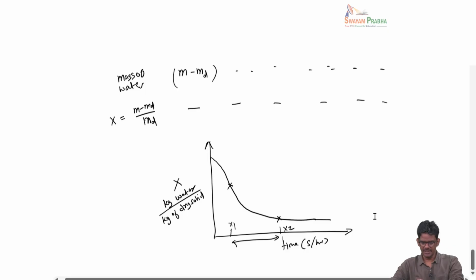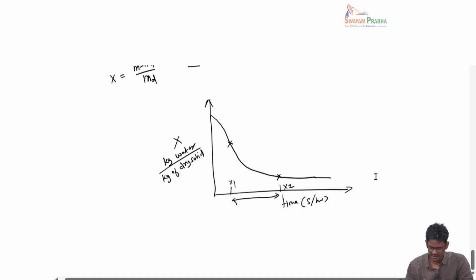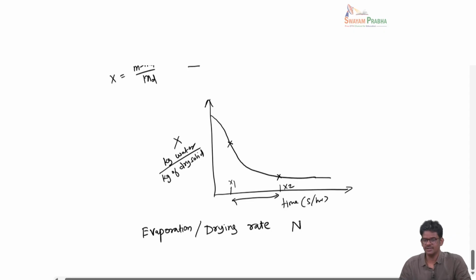So from this raw data, I will define a quantity called the evaporation rate or drying rate, with the symbol N, defined as minus Ss by A delta theta into delta x.